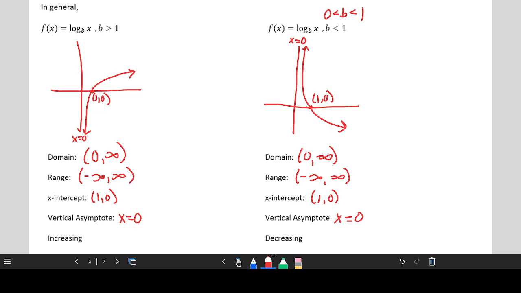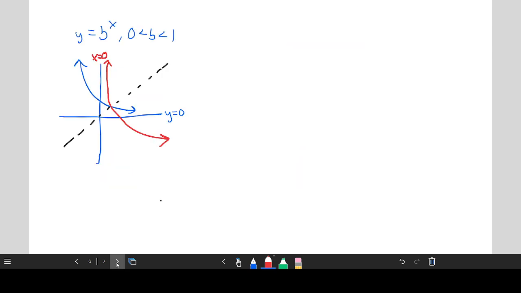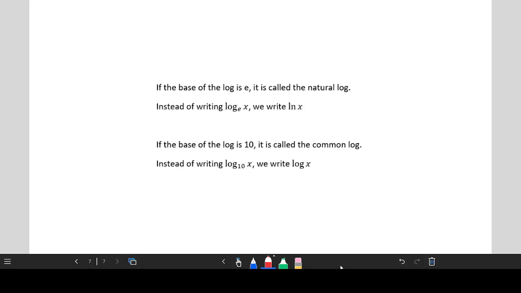I did want to mention a couple of specific bases that are used a lot, because these bases are so commonly used, they get a special log notation in a lot of textbooks. If the base of the log is e, and we discussed e previously, it's an irrational number, 2.7 something. It's a never-ending, non-repeating decimal because it's irrational.